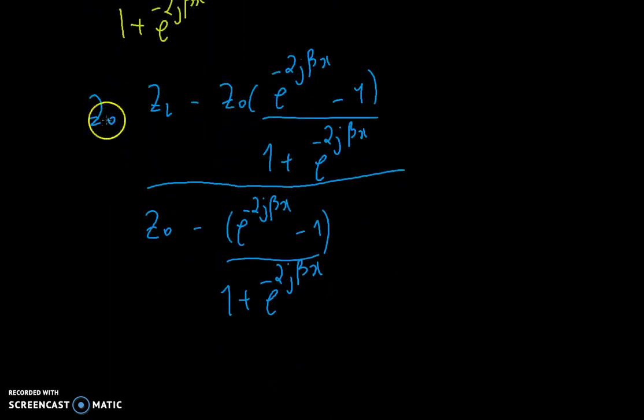So this is the Z0, which multiplies both sides. So let me put a bracket here.